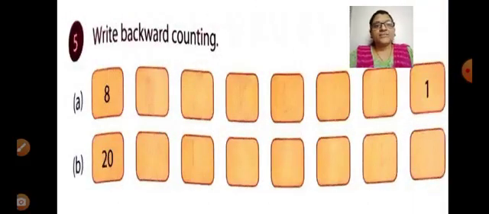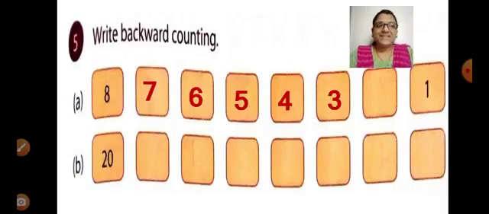Next is question number 5. Write backward counting. We have learned backward counting, children. Now let us solve the examples. First, A. It starts from number 8. So let's do the backward counting from 8. 8, 7, 6, 5, 4, 3, 2 and 1.